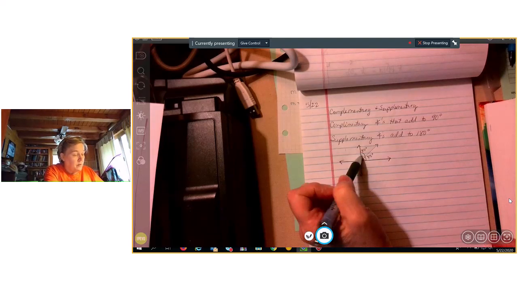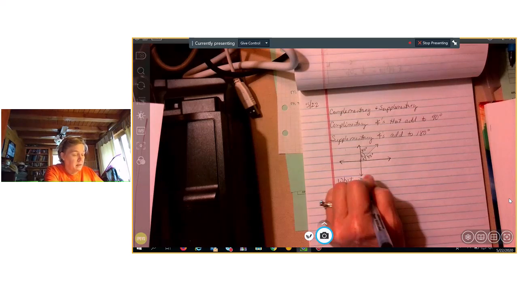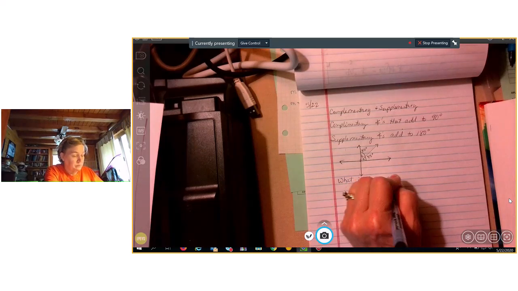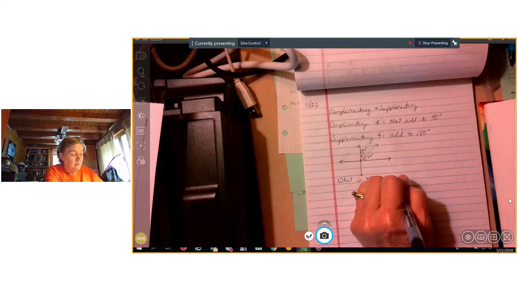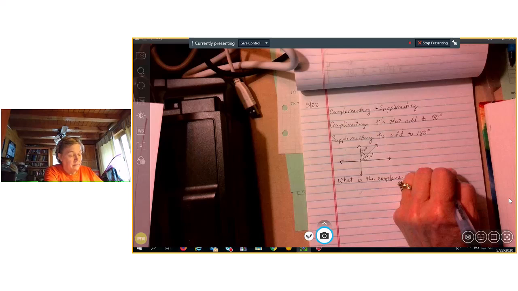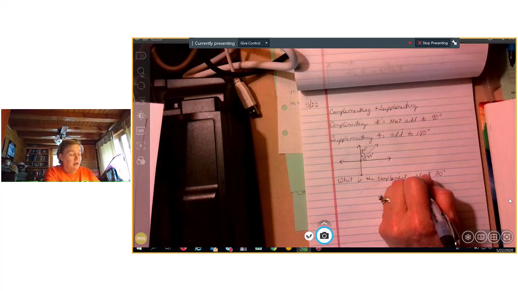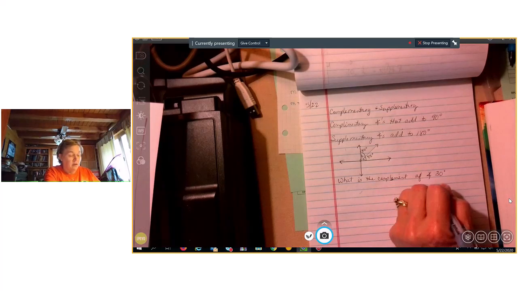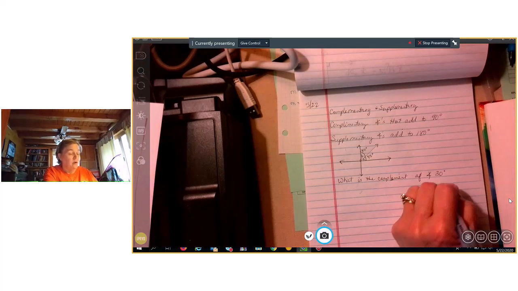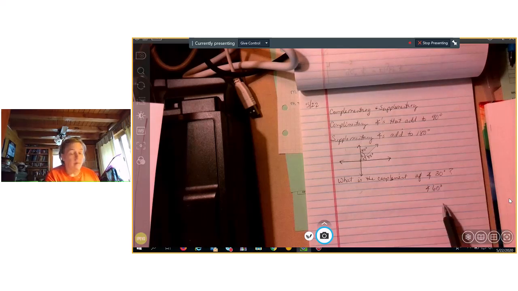You may come up with a question: what is the complement of a 30-degree angle? And the complement is going to be an angle that is 60 degrees. So when you're asking for a complement, you're just asking for the angle measure that's going to add up to 90 degrees.